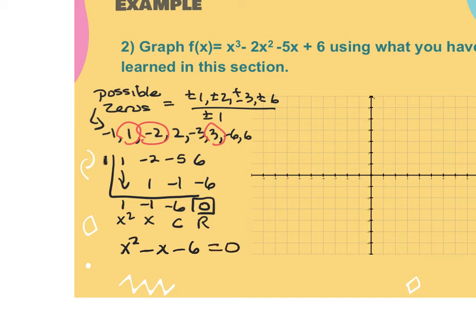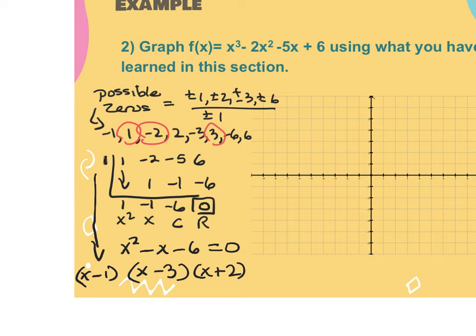Now what I need to do is factor this. The factors of negative 6 that give me negative 1 are negative 3 and positive 2. If they ask you to list the factors, don't forget to turn the original factor that you did the synthetic with into a factor.